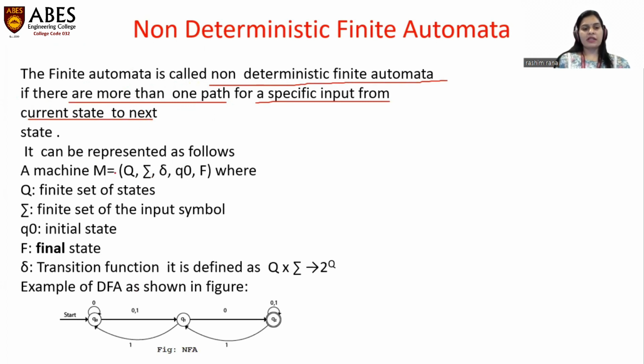It is also represented by 5 tuples Q, sigma, delta, q naught, and F. Q is the finite set of states, same as DFA. Sigma is the finite set of input symbols, same as DFA. q naught is the initial state and F is the final state. Delta is a transition function which defines Q times sigma gives 2 raised to the power Q. It means that it has choices.